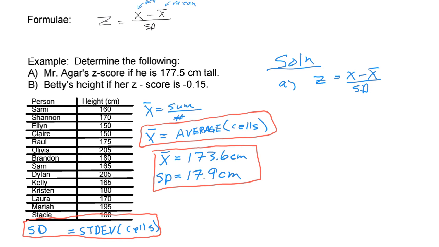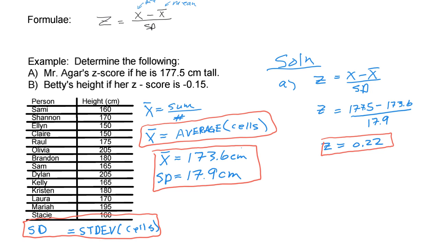Then we take this 175 and put it in where X is, and substitute the mean and standard deviation. And we get 0.22.